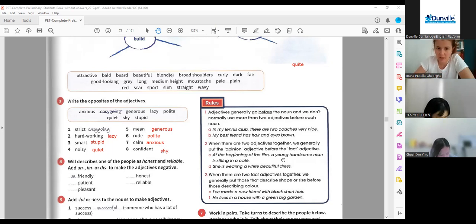Now, when you are talking about opposites, sometimes you don't have an actual word. Sometimes you need to use one of these beginnings. So for example, un, im, or dis to make things negative, like friendly, unfriendly. And then you have im and dis. I want you to tell me which of these beginnings would work with the following words. Patient. What would work with patient?